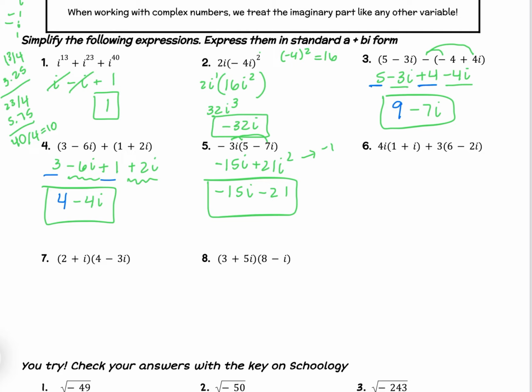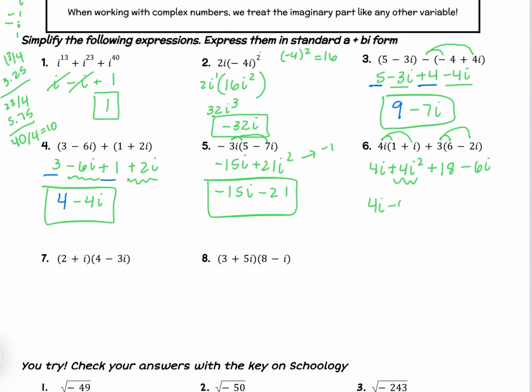All right, 6, we're going to distribute the 4i in. So we have 4i plus 4i squared. And then distribute the 3 in. So we have plus 18 minus 6i. All right, so let's switch this out first. So we're just carrying down the other things. i squared is negative 1.